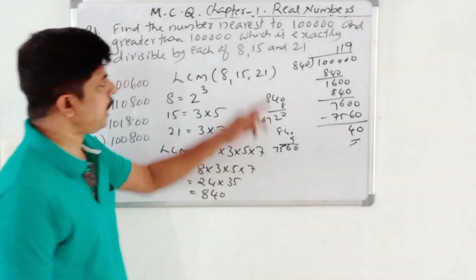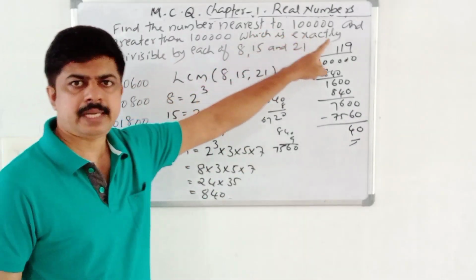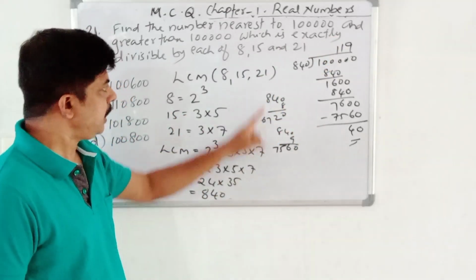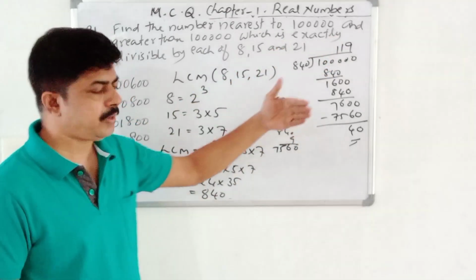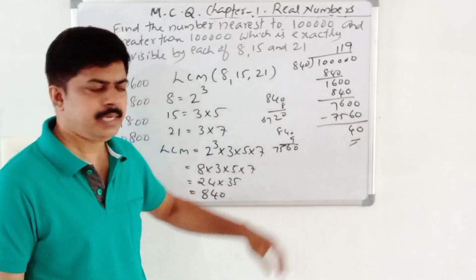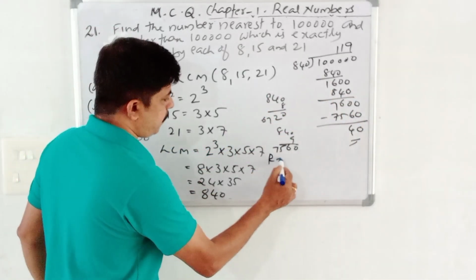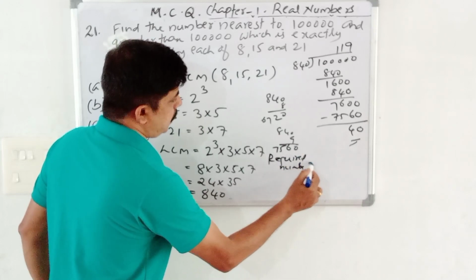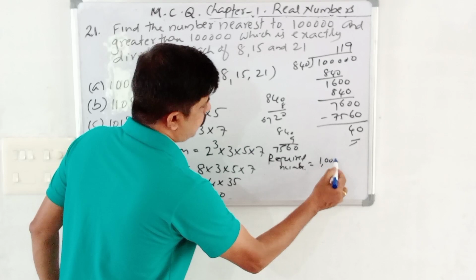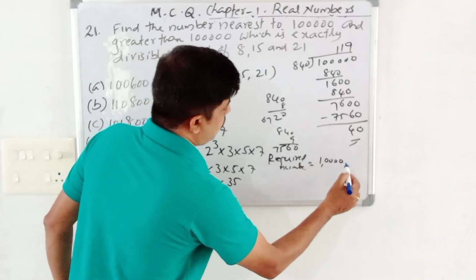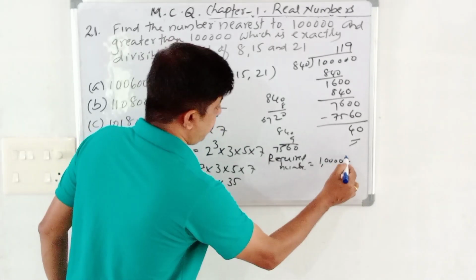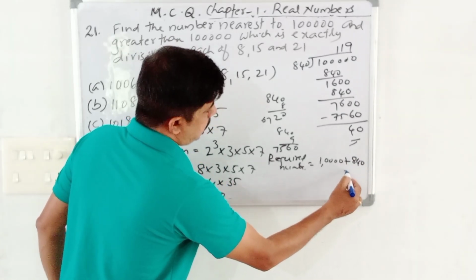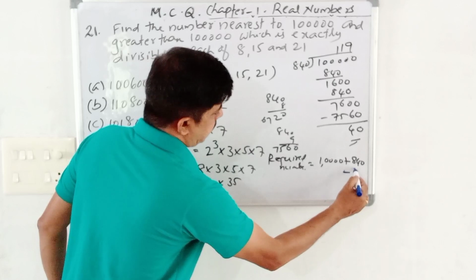Okay, that means our requirement is a number greater than 1 lakh. That means we will get that number by 1 lakh add 840, but we have to compensate the remainder. Remainder should be subtracted. Therefore, required number is equal to 1 lakh plus 840, then from that sum we have to subtract our remainder.